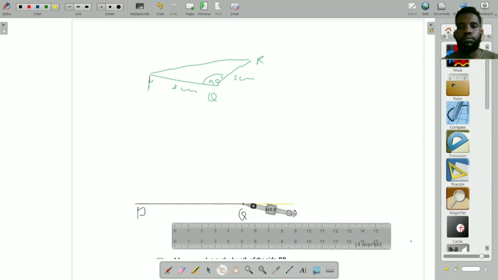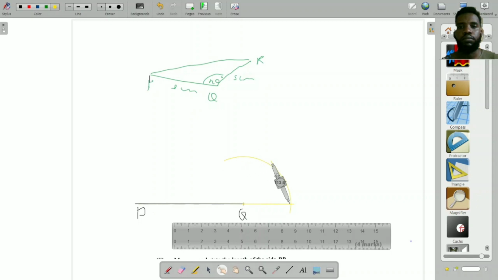So I'm going to use the yellow line, because it's a part of my construction line. Now I want this arc to cut the yellow line, so I'm even going to condense this down some more to make sure it cuts that line. So that is my arc there.